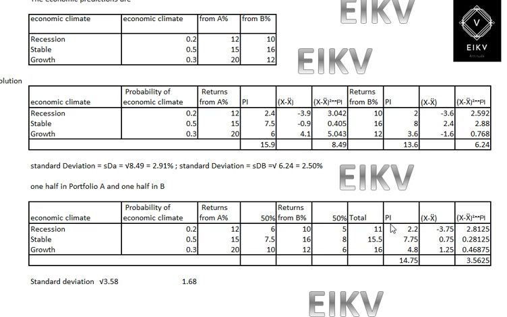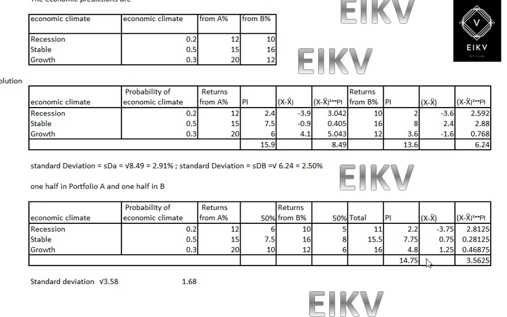After taking the sum, that is the total return, we need to multiply it with the probability, which will be 0.2, 0.5 and 0.3. When we multiply the total return with the probability, we get 2.2, 7.75 and 4.8. Taking the total, it would be 14.75. So 14.75 is the return of the portfolio if A and B are combined with 50% weight each.